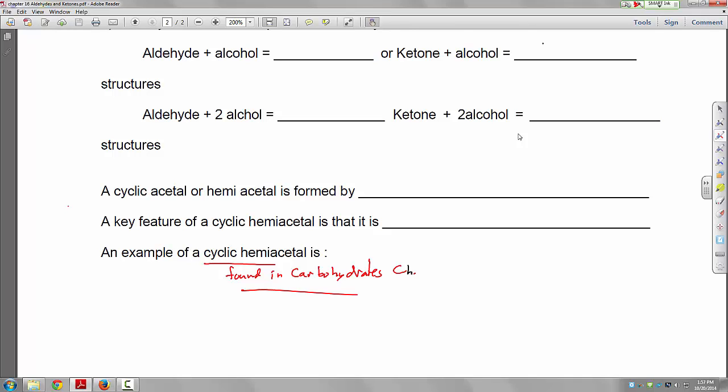What chapter is that? Chapter 16, I believe. So this is a quick review of chapter 13 on aldehydes and ketones.